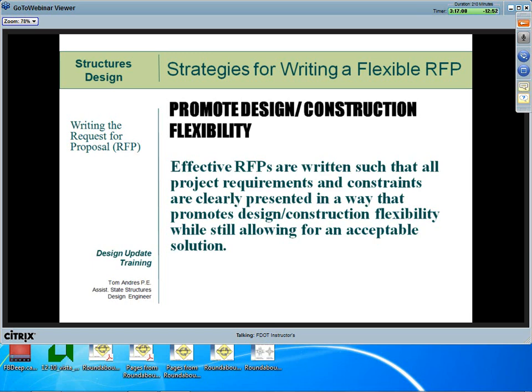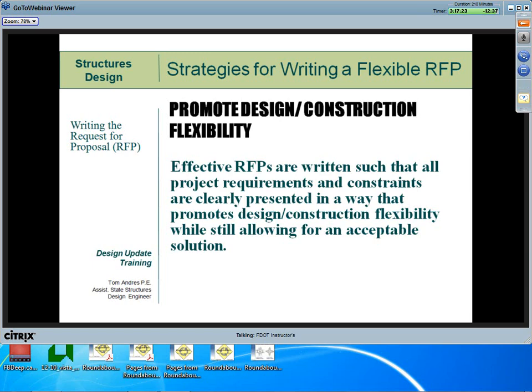We have had a few instances where the best value proposal was more than 25% less than the concept plan estimated cost. However, I want to stress that this strategy requires a well-written RFP.